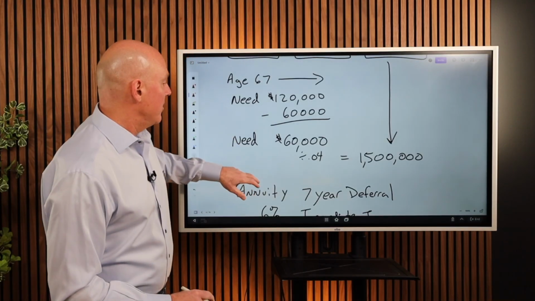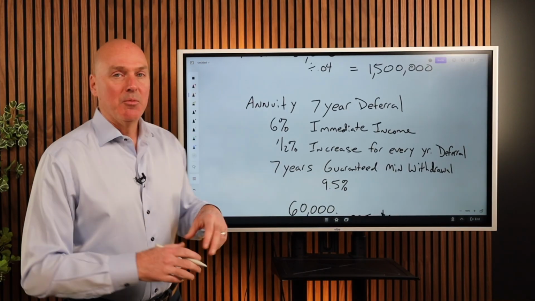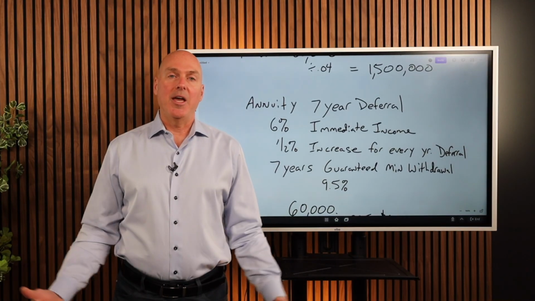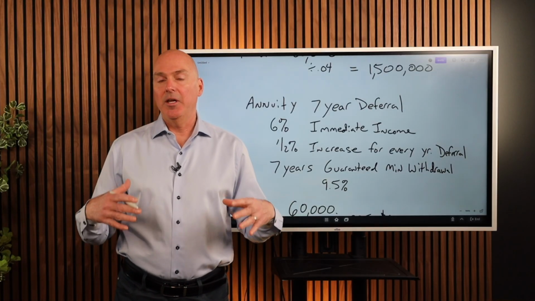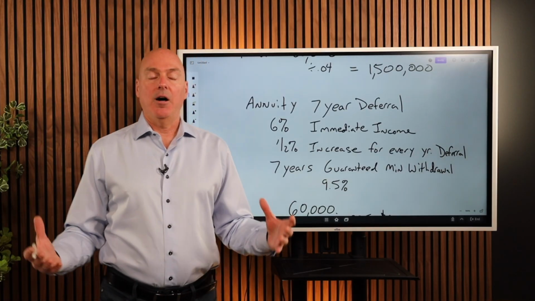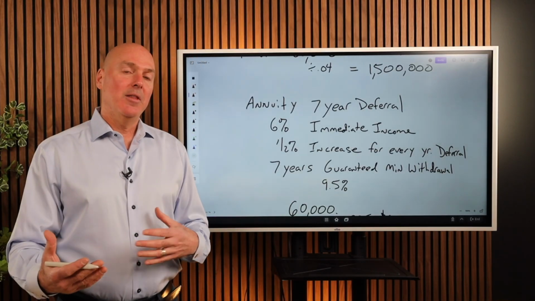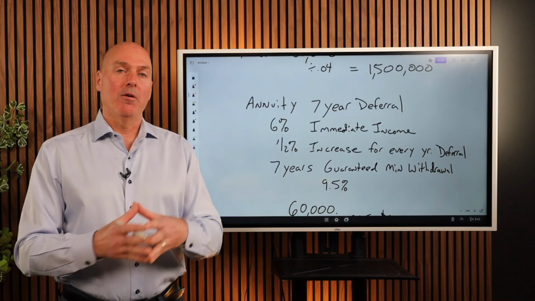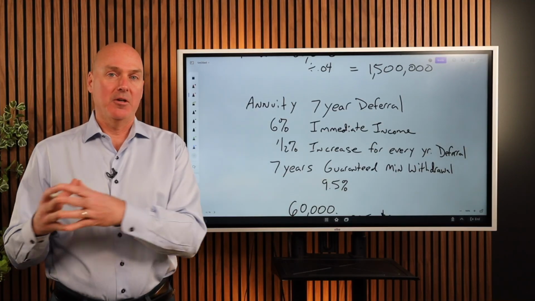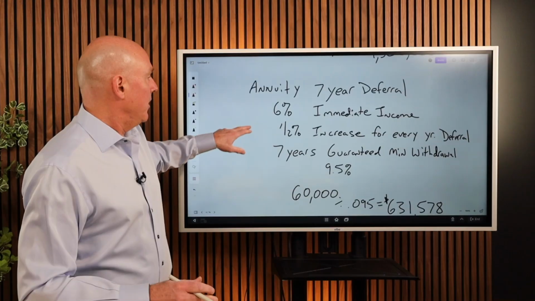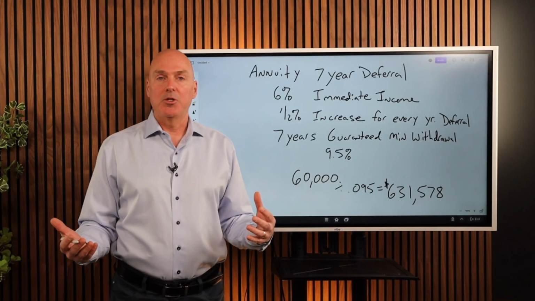So one of the ways that we can take a look at reducing this risk even further and creating some additional predictable income is to look at the idea of putting in an annuity, an annuity that's designed for income, or for guaranteed withdrawals over your entire lifetime. So here we are in early April of 2025.